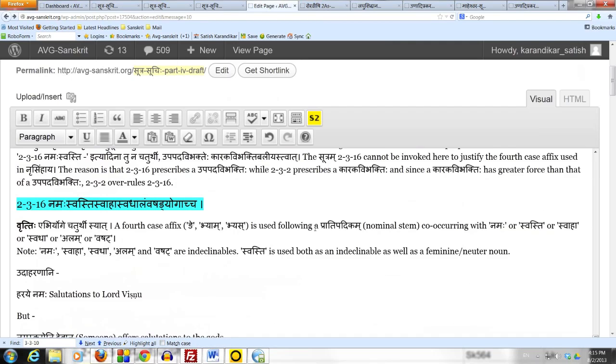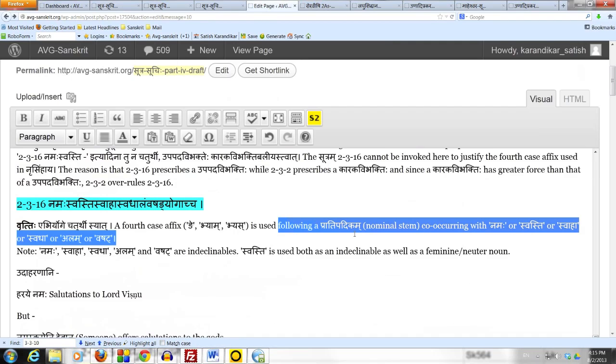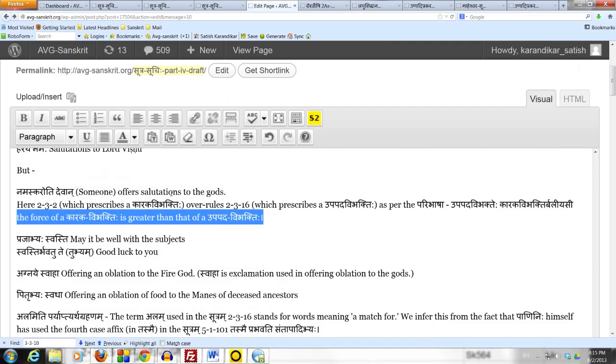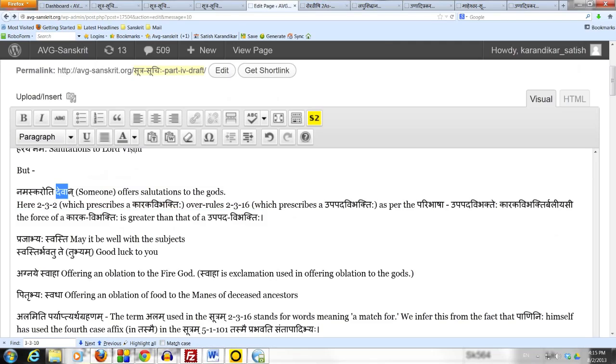Hence 2-3-16 prescribes an upapada vibhakti. And the Paribhasha says that a Karaka Vibhakti has more force than an Upapada Vibhakti. So when there is a clash, the Karaka Vibhakti takes precedence. So here in Namaskaroti Devan, Deva is the object of the action of salutation.